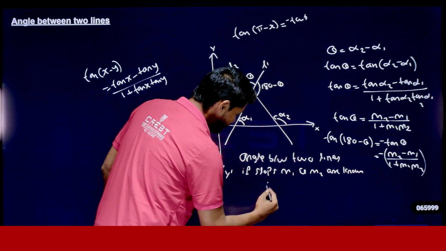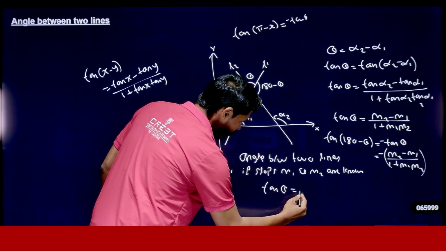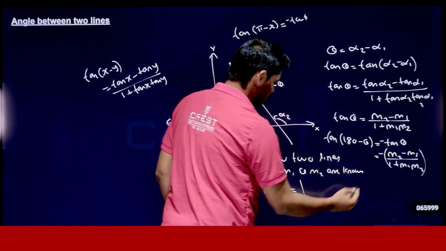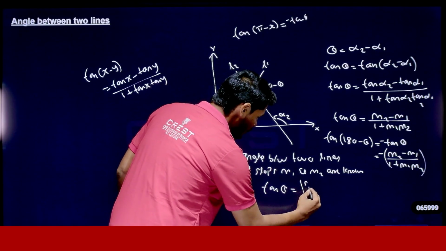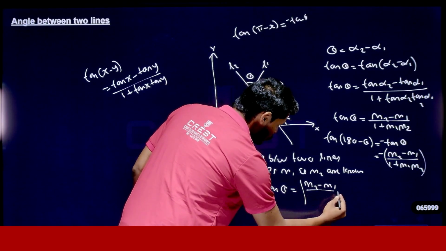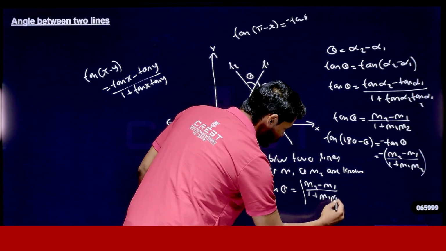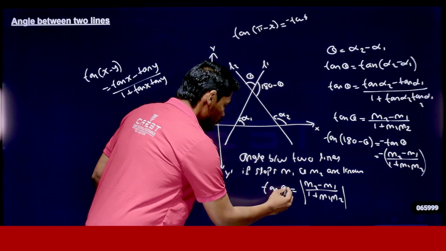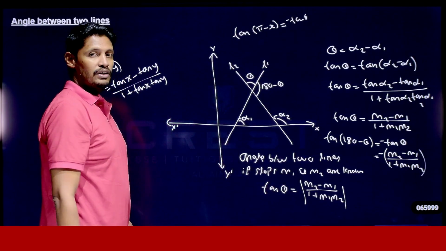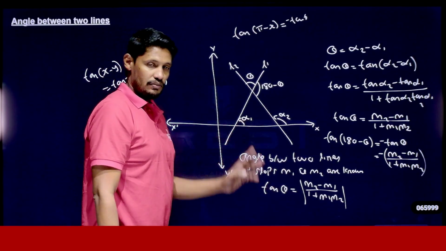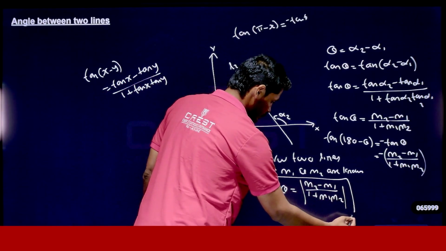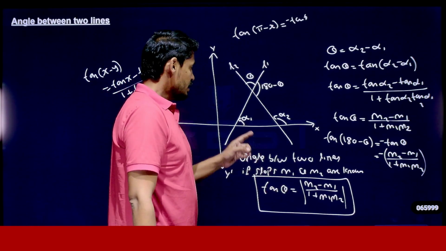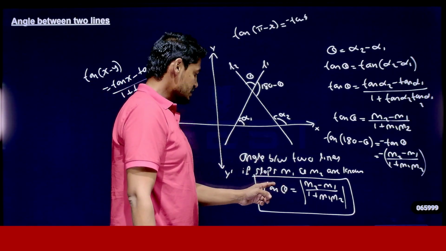Tan theta is equal to the modulus of M2 minus M1 divided by 1 plus M1 into M2, because we get the positive acute angle and the negative obtuse angle. That is the equation for finding the angle between two lines if the slopes are given. This is an important equation. So I have derived how you can find the angle between two lines if the slopes are given.